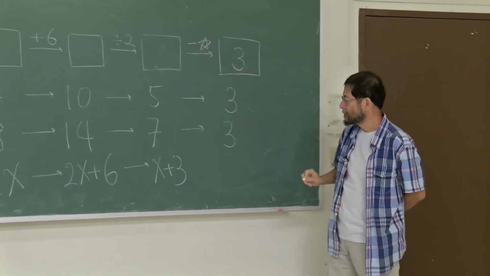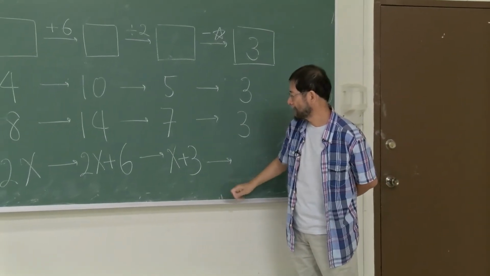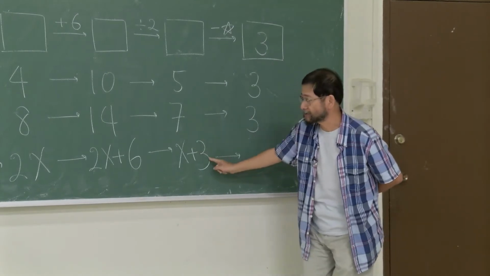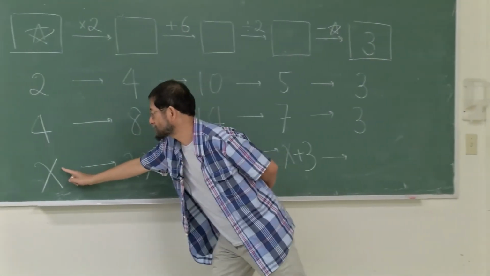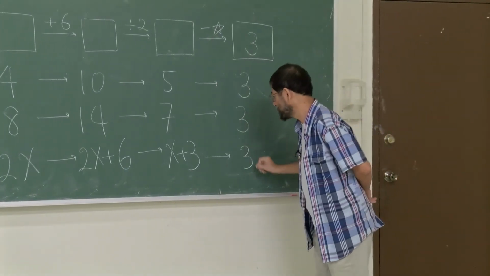Okay. Then finally, I subtract the original number from this expression, x plus 3. So this means x plus 3 minus x. So then I get 3. Okay?